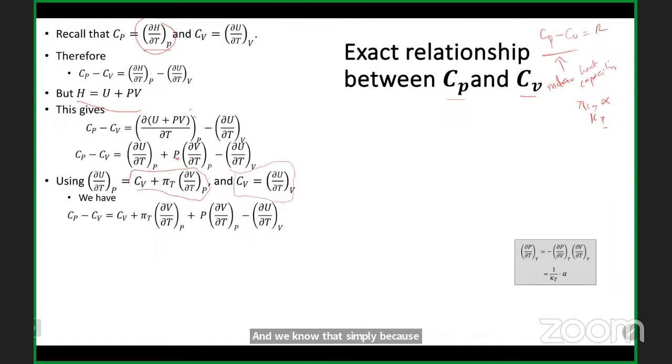So let's put this in here first. Cp minus Cv is dU/dT at constant P plus P dV/dT minus dU/dT.